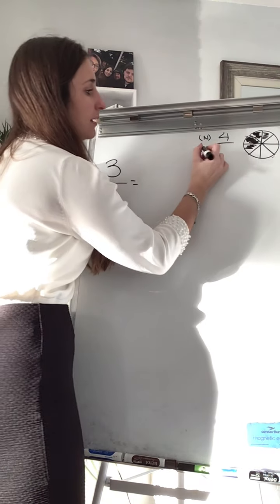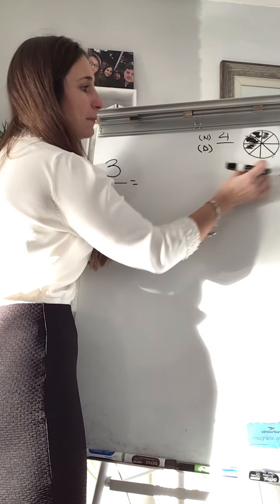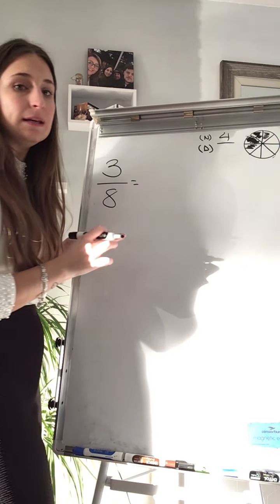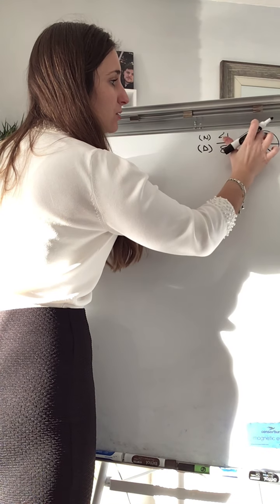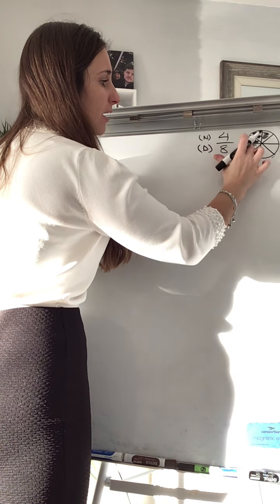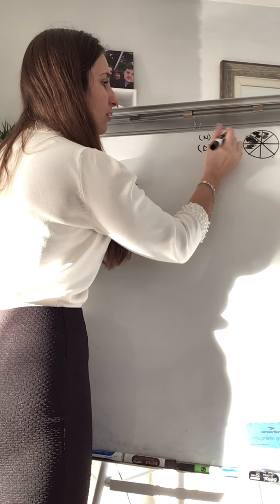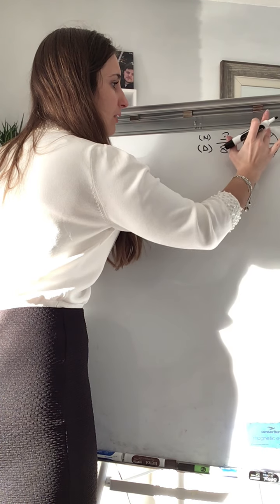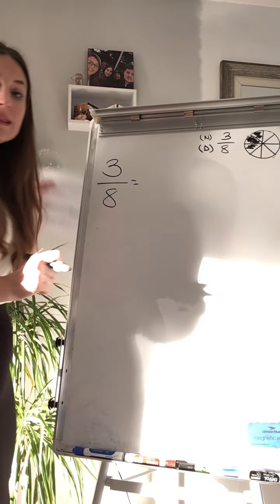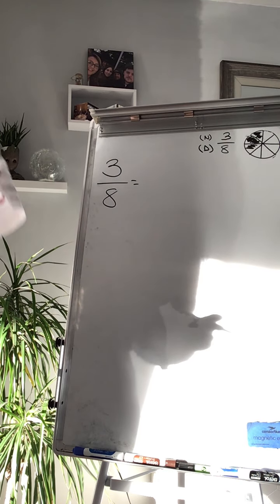And my denominator is going to tell me out of how many equal parts. I have 8. 1, 2, 3, 4, 5, 6, 7, 8. I'm going to take only 3, so I'm only shading 3 out of 8.